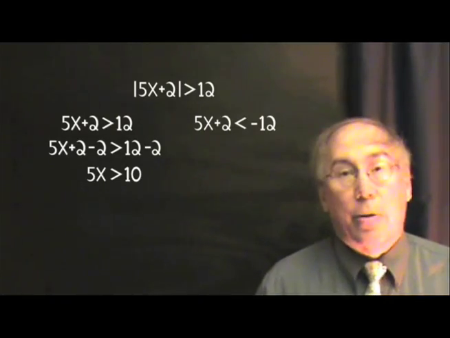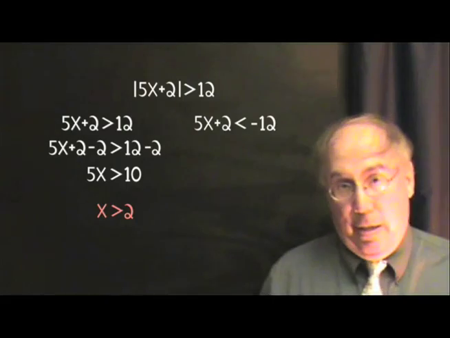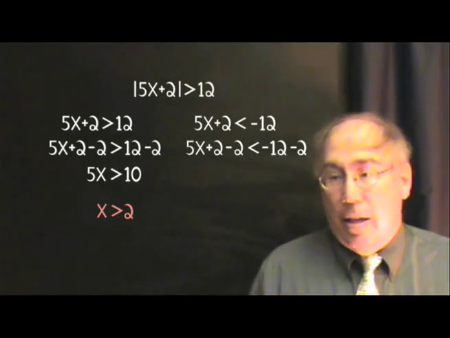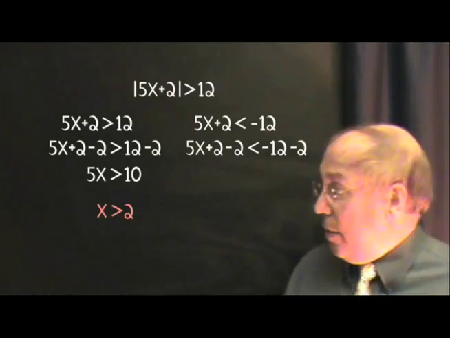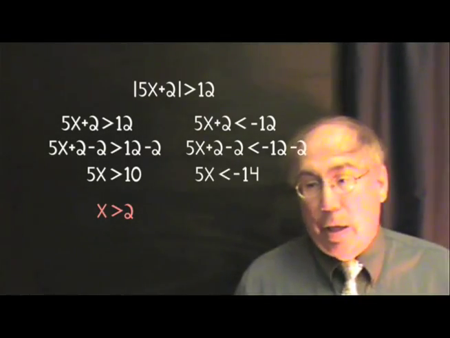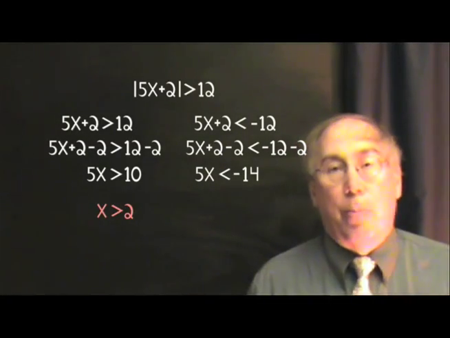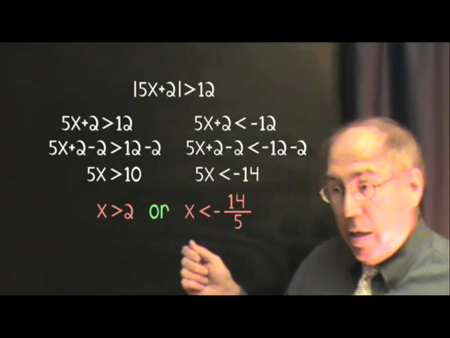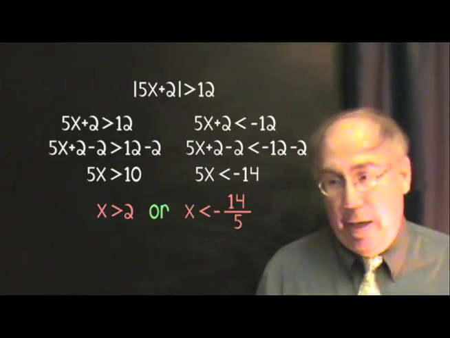If 5x is greater than 10, divide through by 5, and we get x is greater than 2. That's half our answer. Now, let's go to the other side, subtract 2, and we'll get 5x is less than negative 14. Divide through by 5, and we'll get x is less than negative 14/5. That's the rest of our answer.